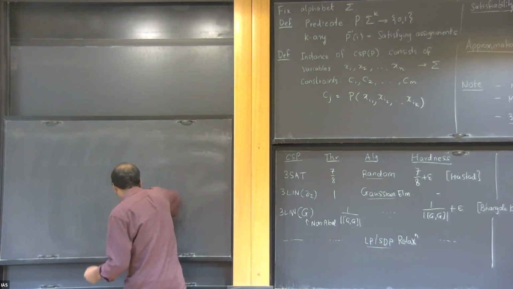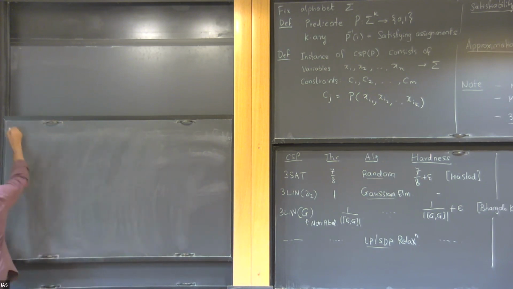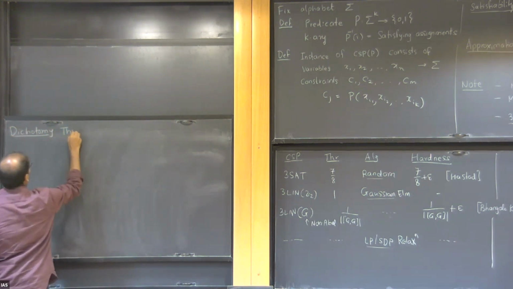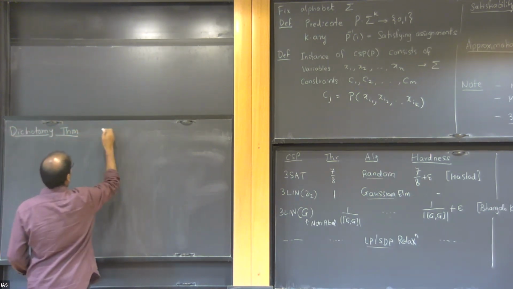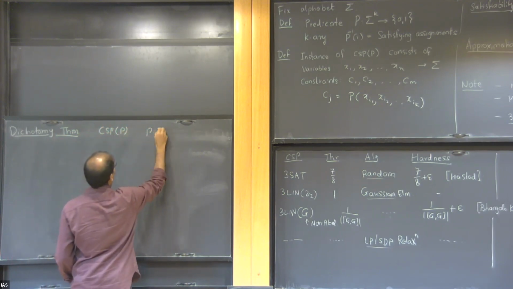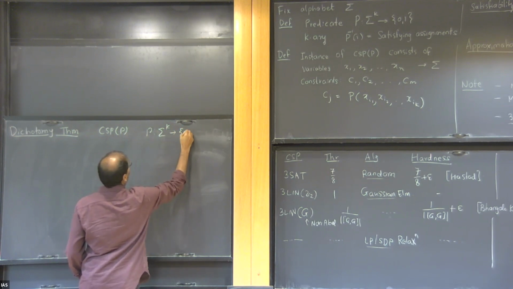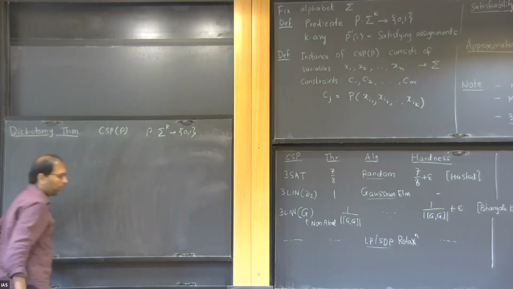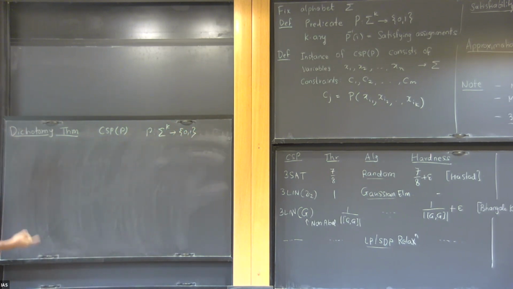So the dichotomy theorem says that every CSP is either in P or NP hard. There is a CSP P for an underlying predicate P. Now let me tell you when it is in P and when it is NP hard, and it's a very nice characterization.